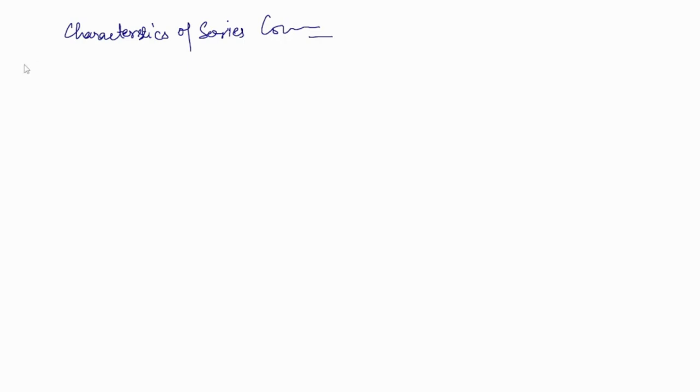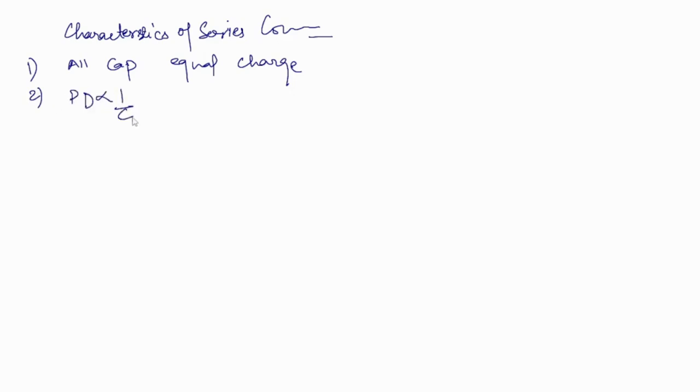Now we'll see the characteristics of the series combination. The first characteristic is that all capacitors will have equal charge. The second is that the potential difference is inversely proportional to capacitance.